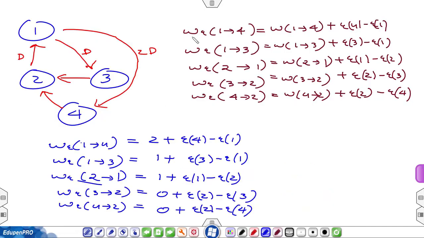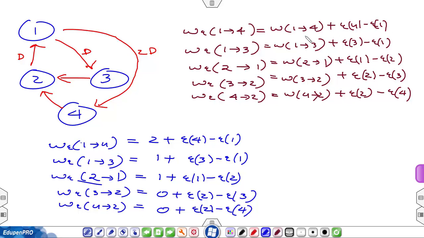Using that formula, we can write mathematical equations for all the edges. We have 5 edges, so we have to write 5 different equations. WR1 to 4 represents the weight of the edge between node 1 to 4 in the retimed graph. So WR1 to 4 is W1 to 4 plus R4 minus R1.